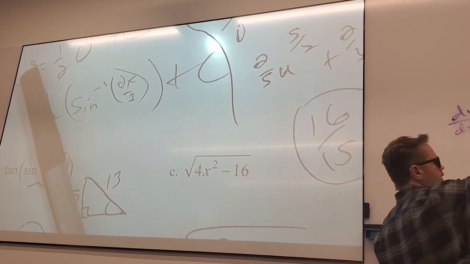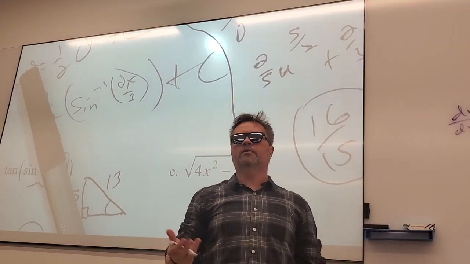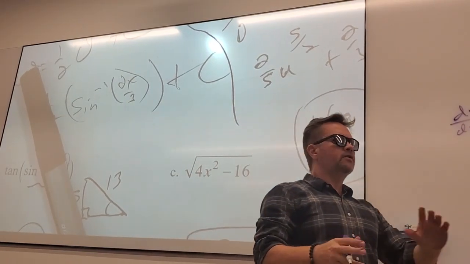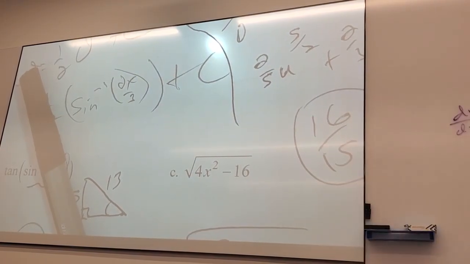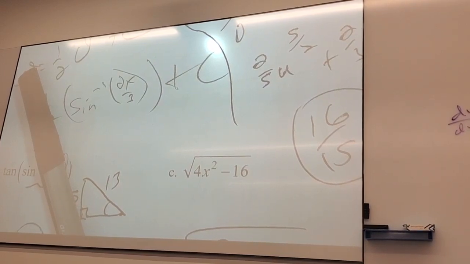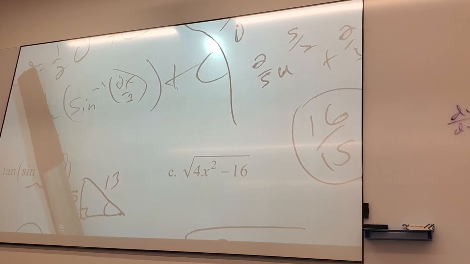This is one of the most basic examples of a differential equation. All a differential equation is, is a relationship between x, y, y prime, y double prime, as high as you want.